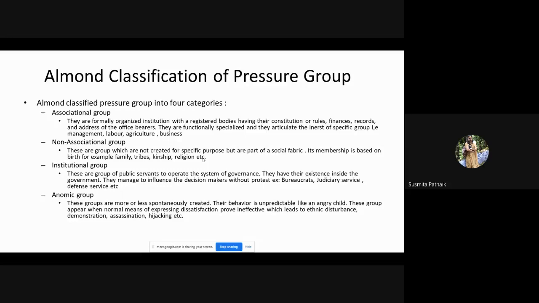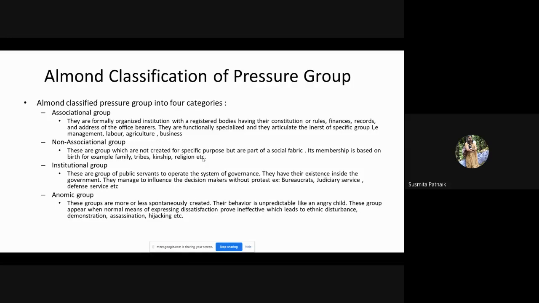Then the second category is called the non-associational groups. These are groups which are not created for specific purposes but are part of the social fabric. Its membership is by birth, by religion, by kinship, or by tribe. What do you mean by the non-associational group?